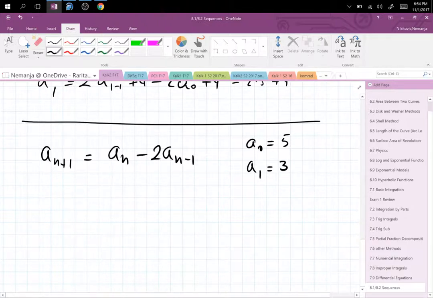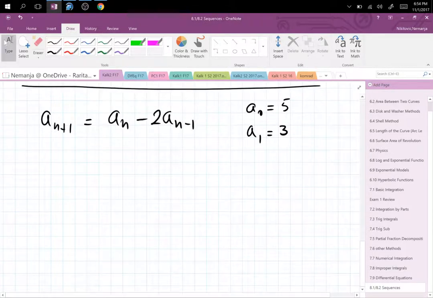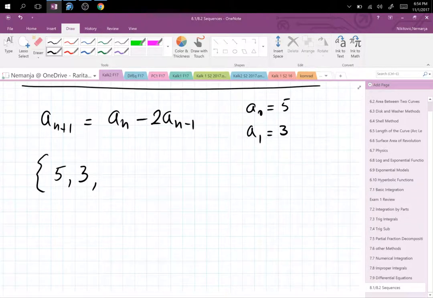So start there. Now, if you are writing your sequence, you are starting with 5 and then 3. Those are A0 and A1. They are given to you. You have to put them there. So here's your A0 and here's your A1.